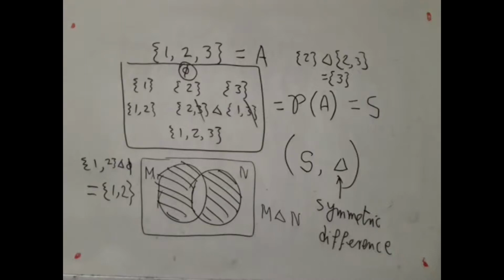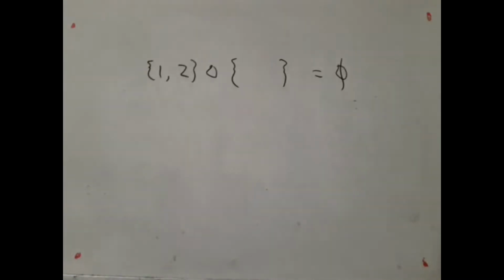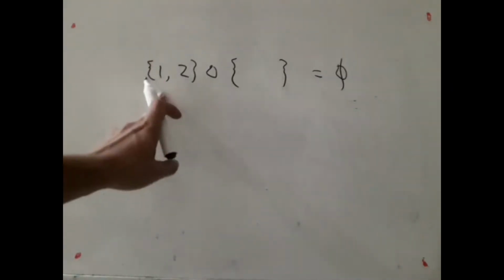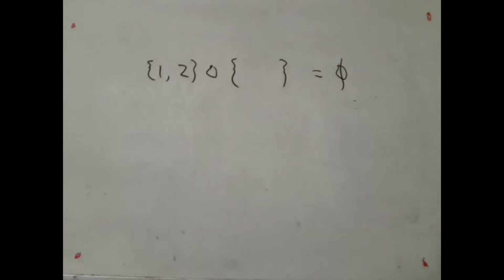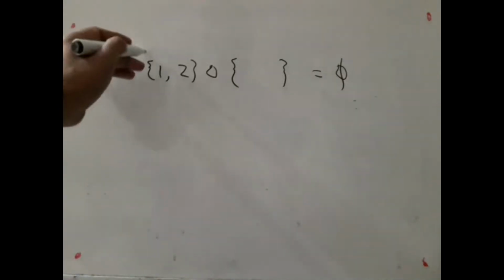What about inverse? So inverse means something such that if you take symmetric difference of a set with that, then you will be left with nothing, which means you are cancelling off everything. You want the result to be just the empty set. So I had 1, but 1 is not there in the result, which means 1 has been cancelled off.